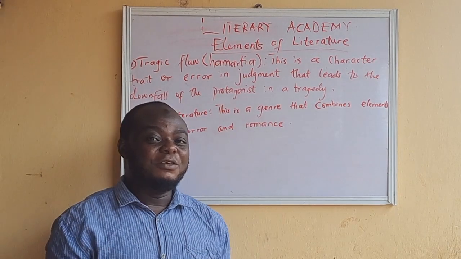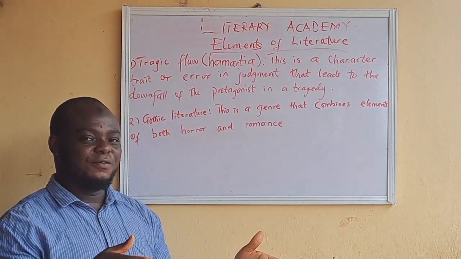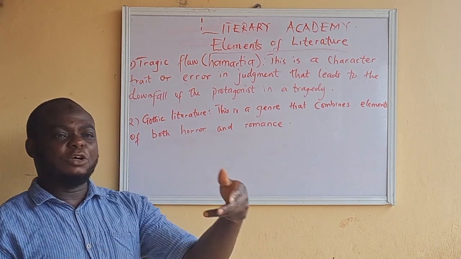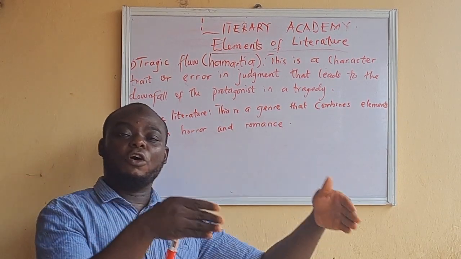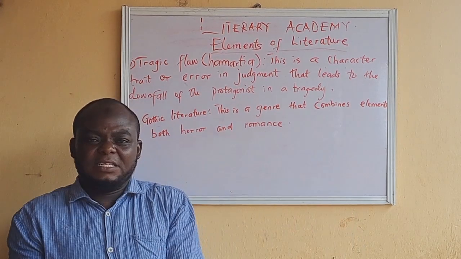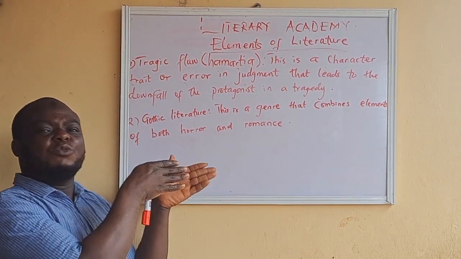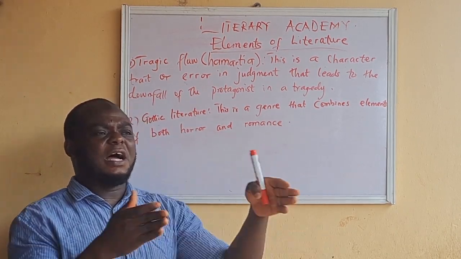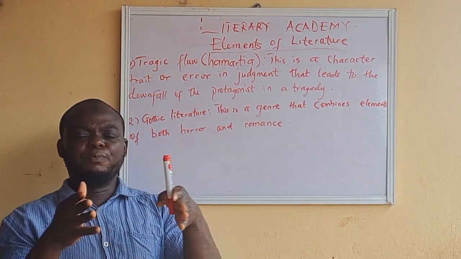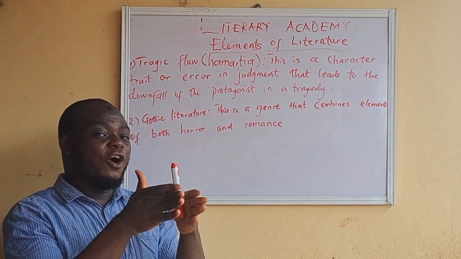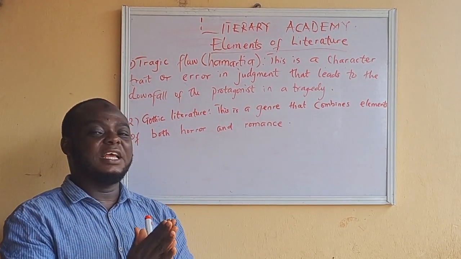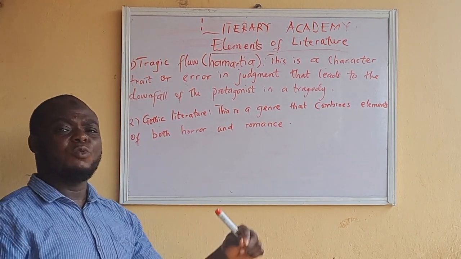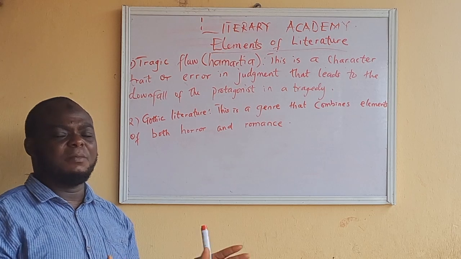We have more of love incidents in Emily Bronte's Wuthering Heights, and then it also mixes in horror elements with the romance element. So whenever we come across any work of art, be it drama or prose, that mixes horror with romance, then we say we have Gothic literature. That particular work will be a Gothic work.